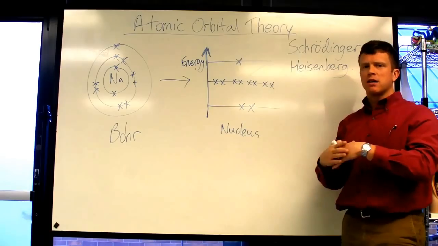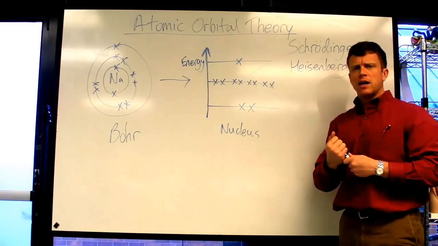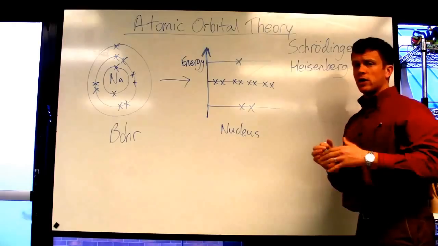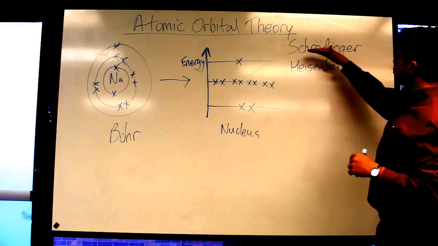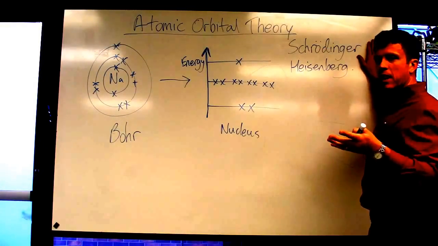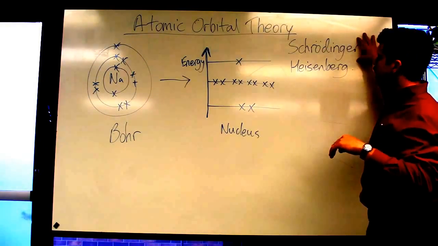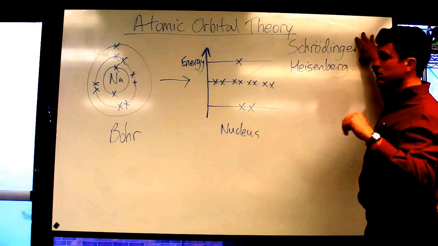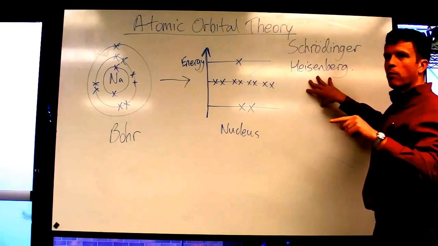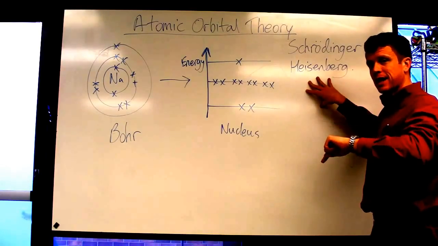This topic would take a lot longer, and it's actually more of an advanced topic for college and so on. So Schrödinger, a lot of complex math, which we aren't going to talk about, but his idea was electrons exist in orbitals. Heisenberg said you can't predict where the electrons are inside an orbital.